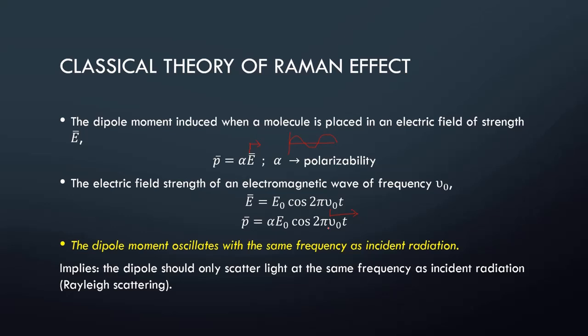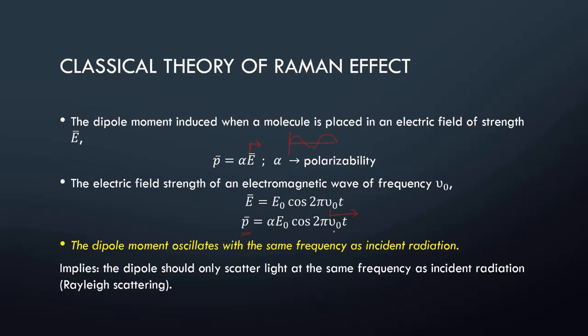When the dipole moment is alternating, we can say that it will emit radiation. When a dipole is rotating or oscillating, it will emit radiation of the same frequency as its oscillation.